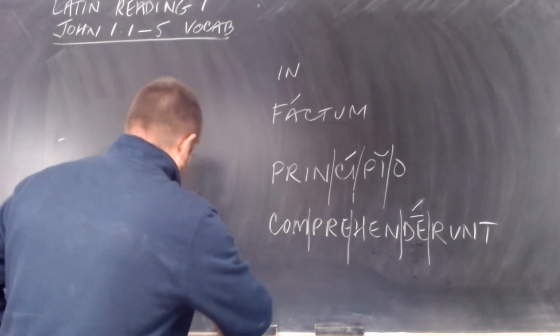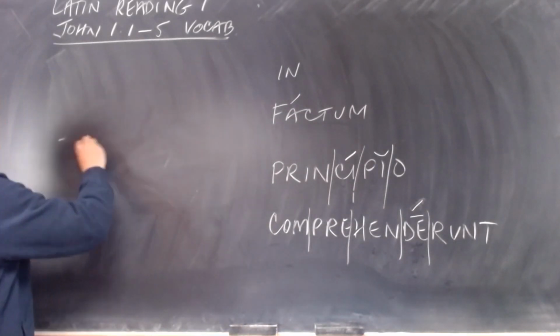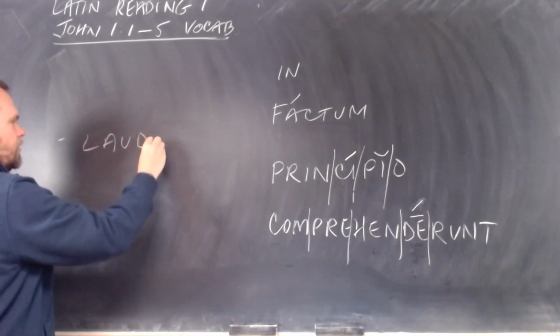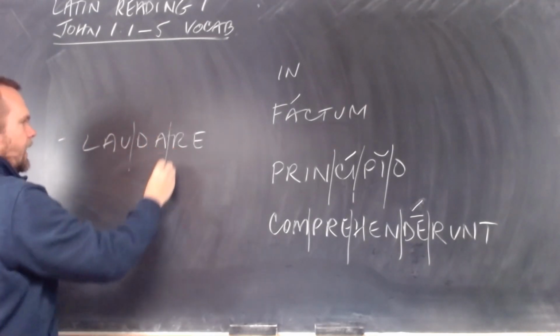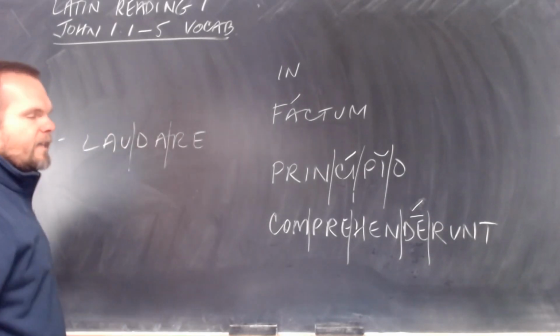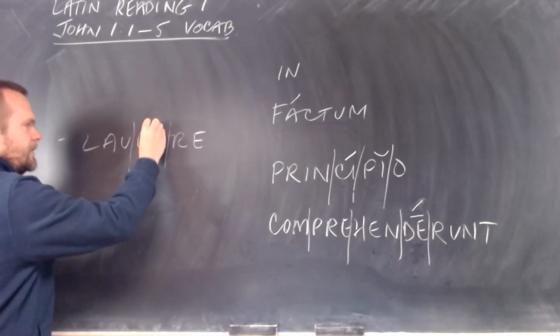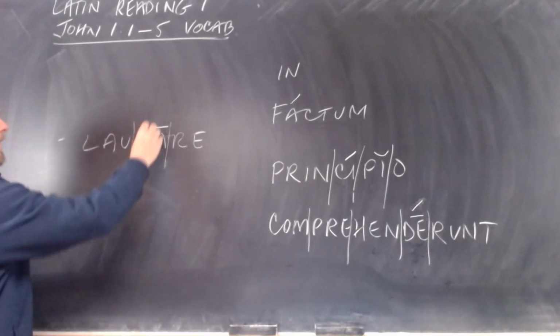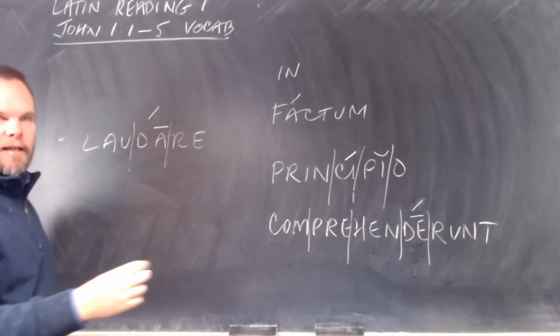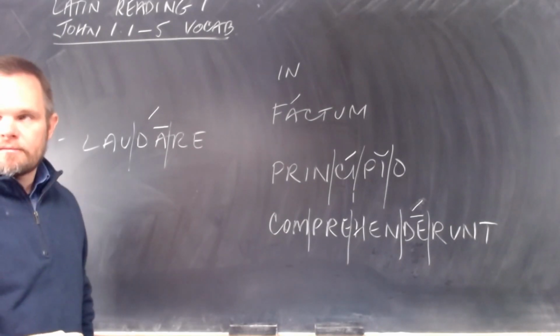So just as an example, if we take the verb laudare, if you were to look that up in a dictionary, you would see that this a is long. That's why we say laudare.